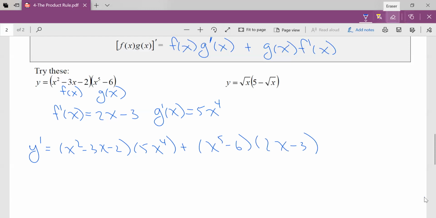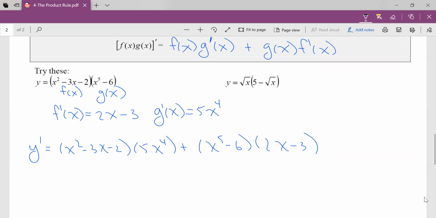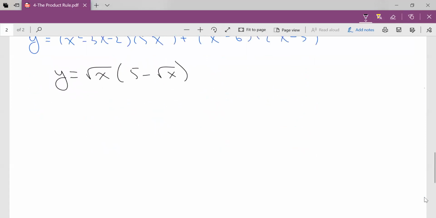Now, I haven't left myself enough room because I'm not that smart. So let's just rewrite this one down here. We are going to take the product rule on this one.